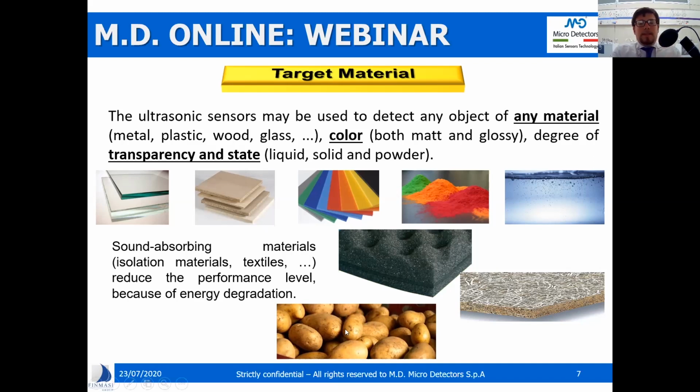Here you can observe in this funny picture some potatoes. Why? Because potatoes also create a sound absorbing surface, and we already have some applications with plants working with potatoes. In these cases, you can see that potatoes show different profiles, so the surface is quite irregular, and there are a lot of empty spaces among different potatoes.